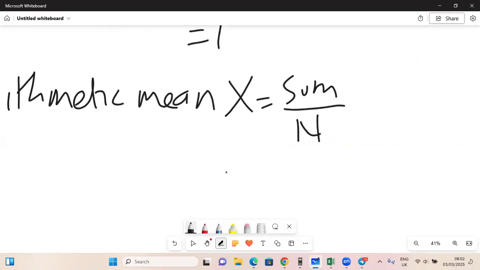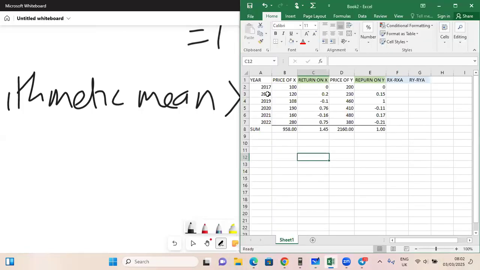When we check here, we only have 5 returns, which is 1, 2, 3, 4, 5. We are not including the first year, 2017. We're only calculating from where we started getting returns, which is 2018, 2019, 2020, up to 2022.